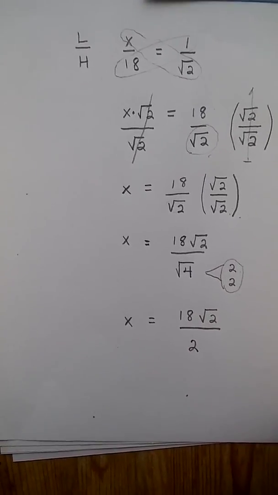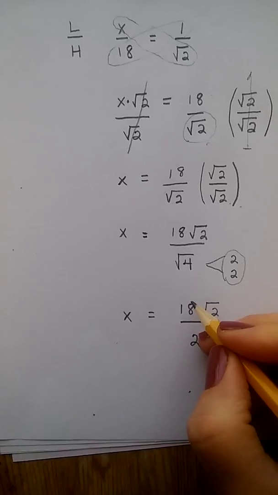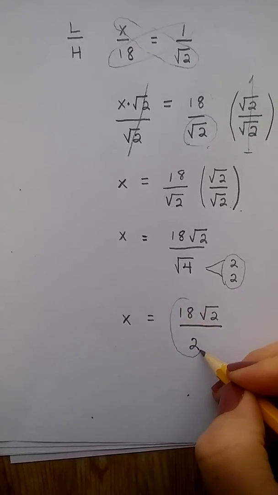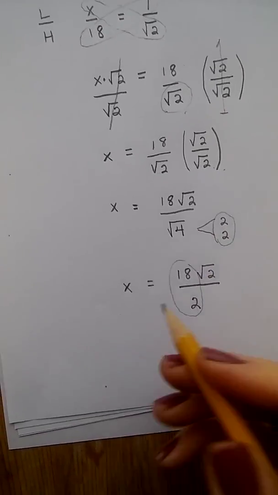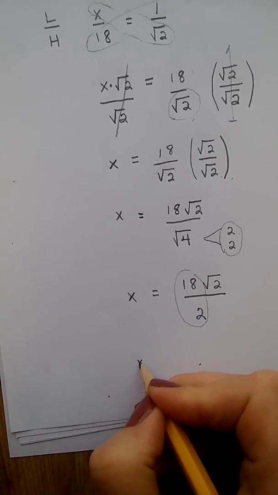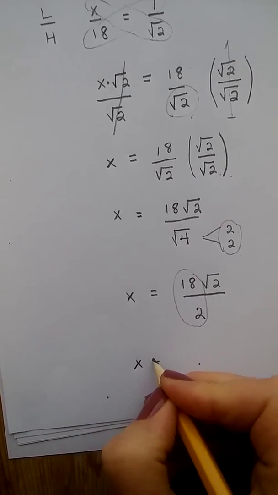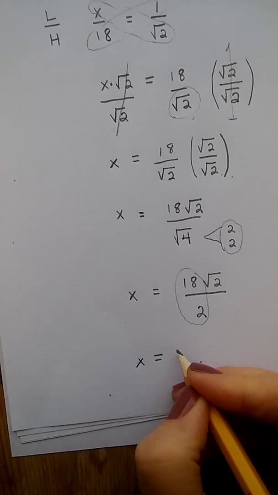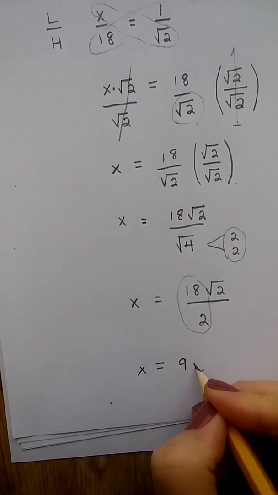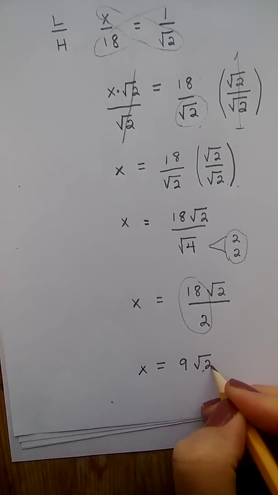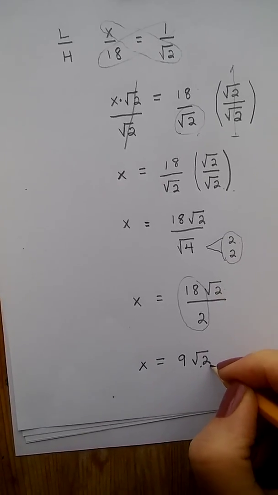We have one more step here. These numbers are divisible. They do divide evenly. So we'll take that last step. 18 divided by 2 is 9. And this root 2 is just brought down.